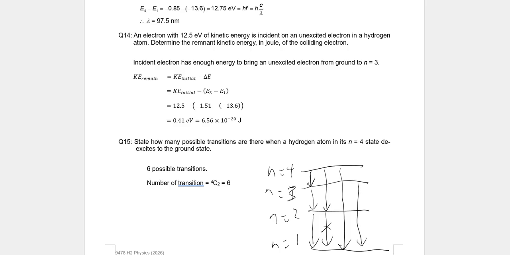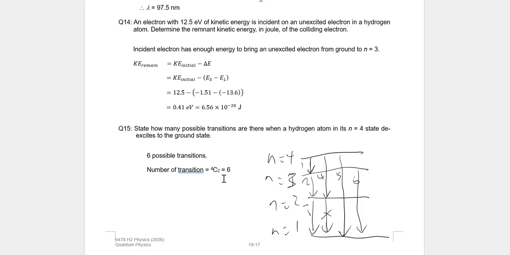So there's 1, 2, 3, 4, 5, 6. Think about the general combinations that can happen. You can think this way, or if your mathematics is good, 4 choose 2, the answer is 6. So this kind of thing you can decide how you want to do it. Generally, I'll just draw it out by logic, but it depends on you.